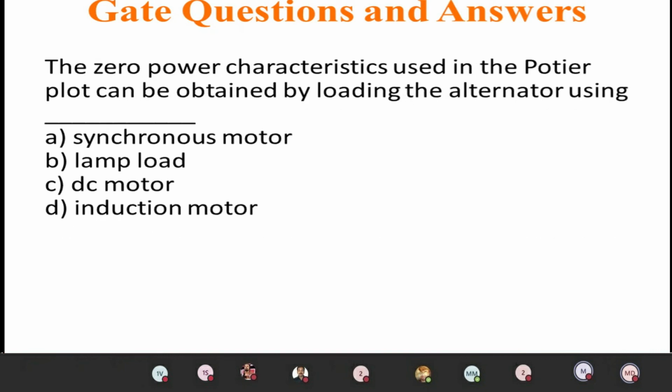Then, zero power factor characteristics used in the Potier plot can be obtained by loading the alternator using synchronous motor, lamp load, DC motor and induction motor. We can use a synchronous motor because at zero excitation it acts like a zero power factor lagging load.